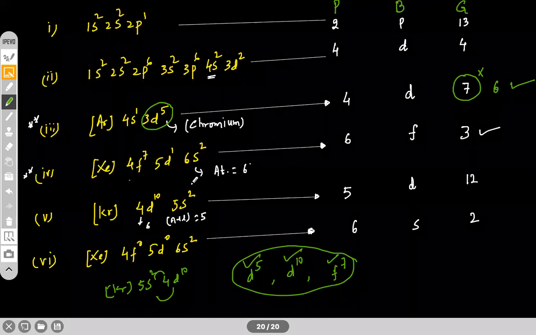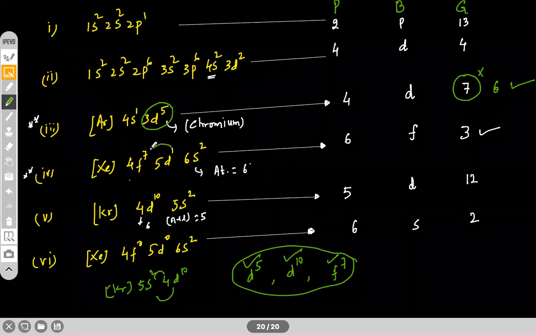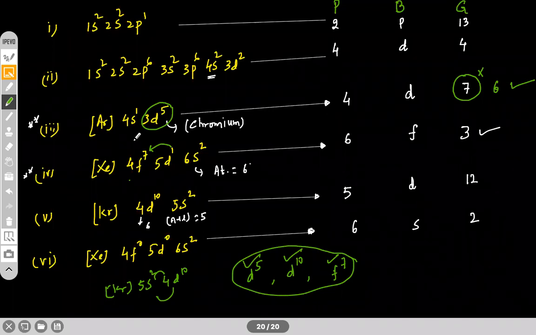Like I said, 4f orbital can have 14 electrons. So why not this electron goes into this one, right? 4f8, 5d0, 6s2. It is not happening because it has an exceptional configuration in order to get more stability. That's why it is happening. So a little bit of understanding is required, practice is required, then you will get it.